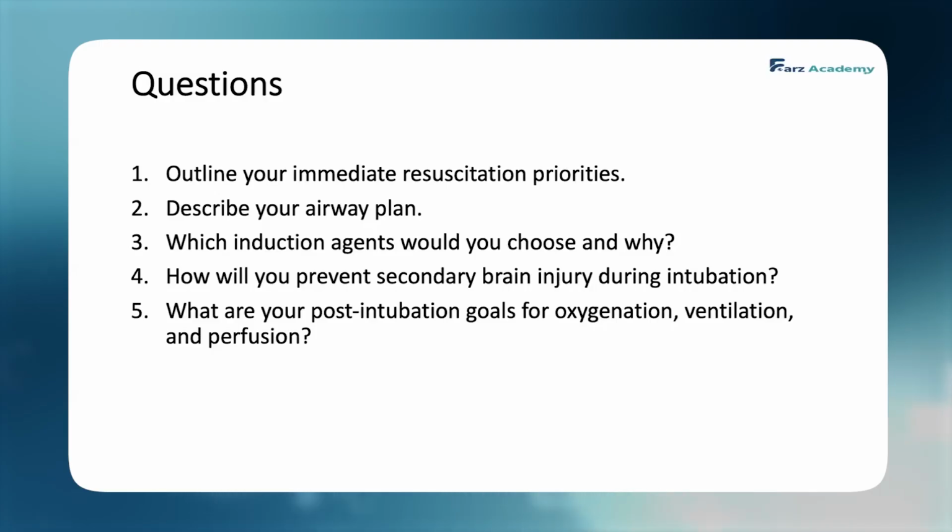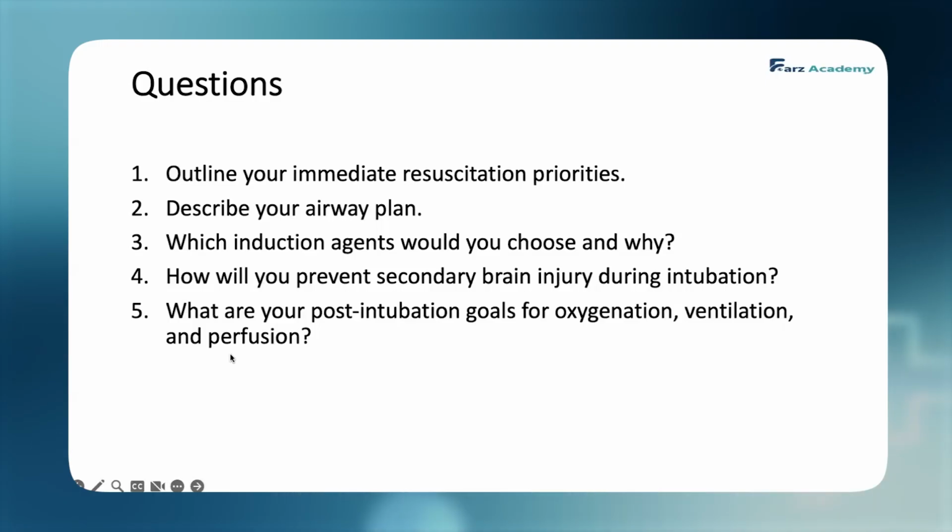So I will ensure the airway is patent and clear. There's already vomitus and blood in the oropharynx, so open the airway by suctioning and clearing, and then proceed. Breathing: very likely he may have aspirated because of the reduced GCS. So I will proceed to secure the airway by intubating this patient, and then start saline resuscitation for him. So that would be the priorities as far as resuscitation is concerned.